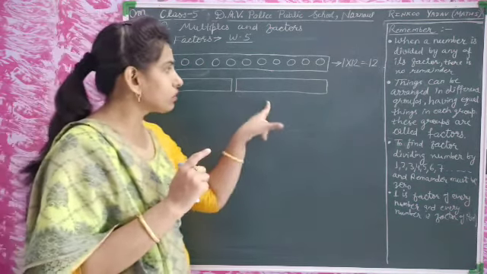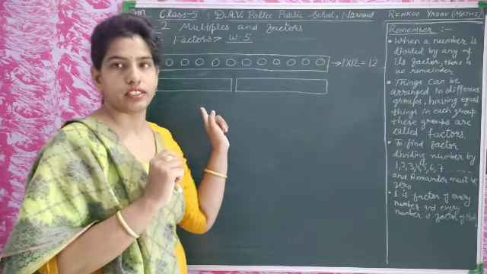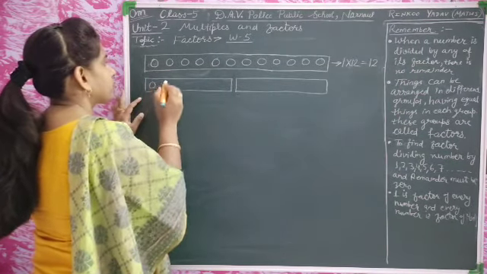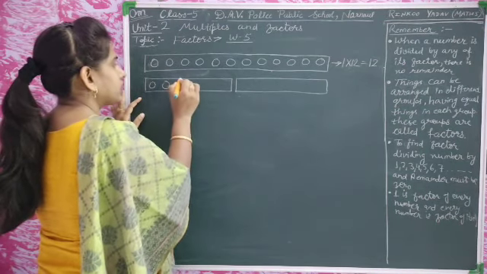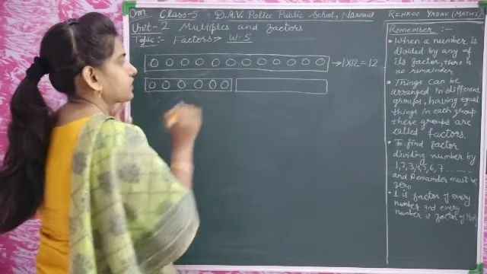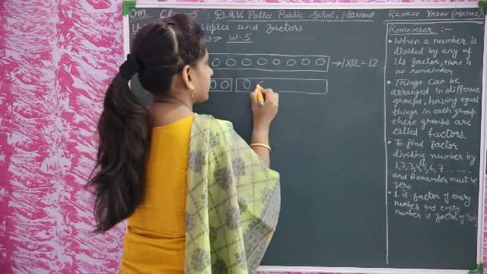And both the groups have different things. This is 1, this is 2, this is 3, this 4, this 5 and this 6. Is it clear, students?